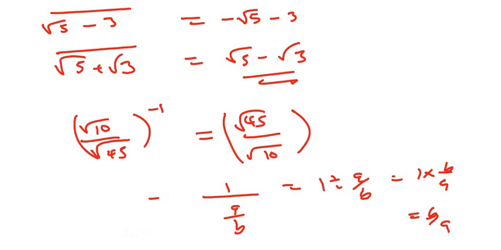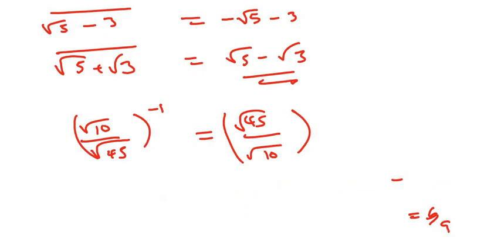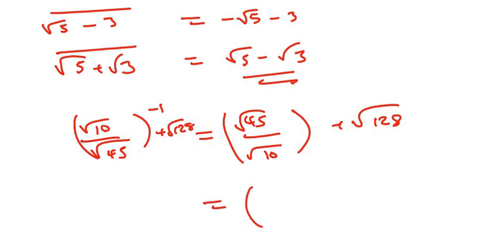Hope that makes sense. So now we're rewriting this because there's another part here that you added. You added something like a plus root of 128. So I'm adding the 128. This here is the same as the square root of 45 over 10, then plus root of 128.